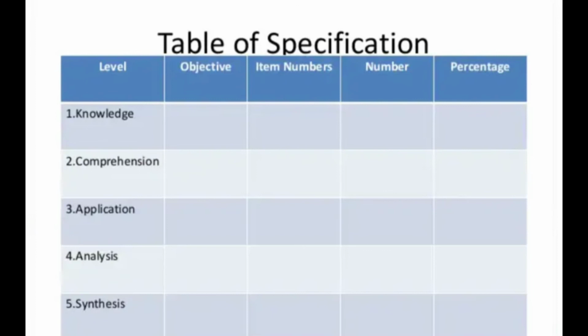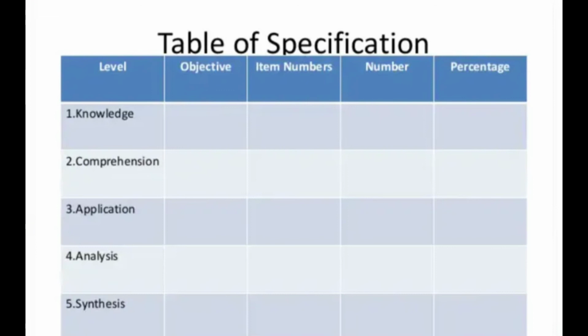So this is an example of a table of specifications. So we have here first the knowledge. So knowledge here is remembering facts, terms, definitions, and concepts. Second is comprehension. So it simply means understanding the meaning of material. Third is the application.